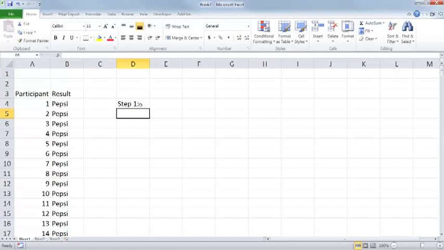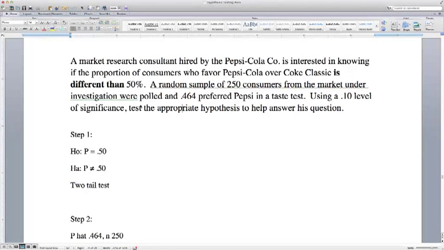All right. So step one, before we actually have to go collect this data, we could find a null and alternative hypothesis. Remember the question: we're trying to find that the proportion of consumers who favor Pepsi over Coke is different than 50%.